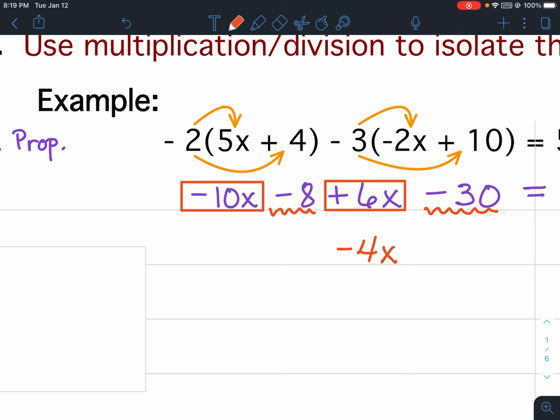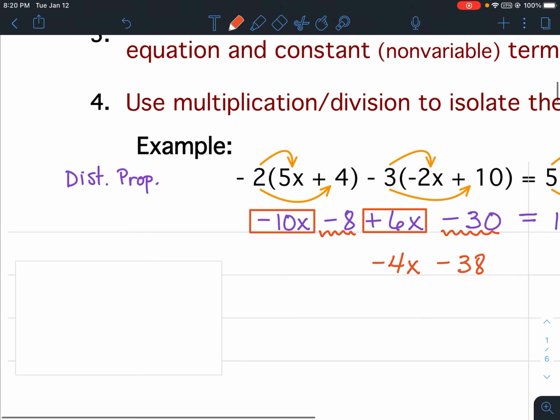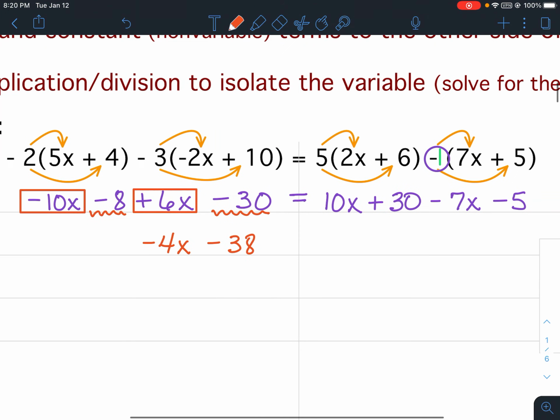Negative 8 minus 30 would be negative 38. Please make sure you're using your calculators. So let's put combine like terms. So I did the like terms on the left side of the equation. Now I need to do the same thing on the right side of the equation.